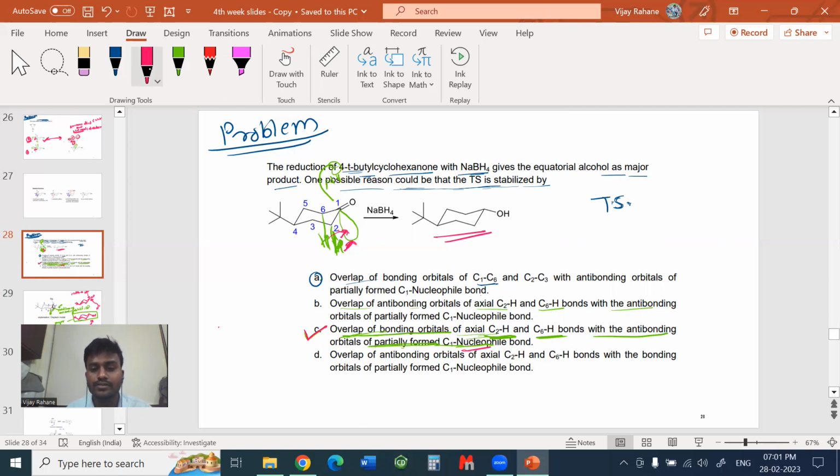In the transition state, when hydride attacks axially, the orbitals of these C2 and C6 hydrogens have a partial overlap with this newly forming orbital. So that makes the equatorial OH the major product. So option C is the correct option.